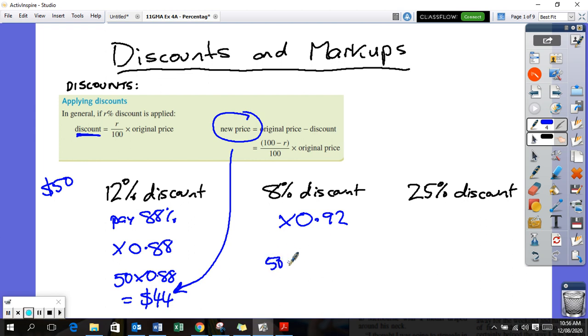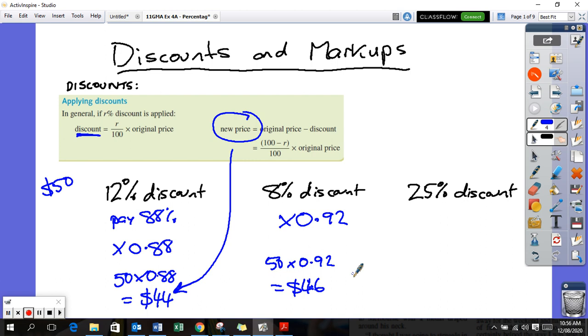So 50 times 0.92 is $46. That's what we pay, the sale price, the new price. The actual discount is 50 minus 46, so there's a $4 discount here.